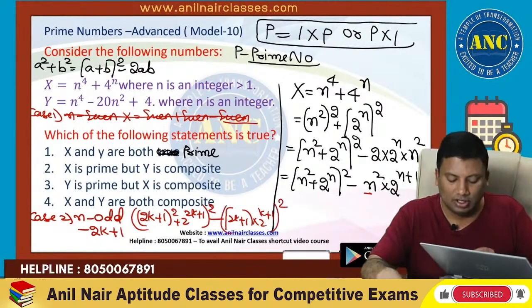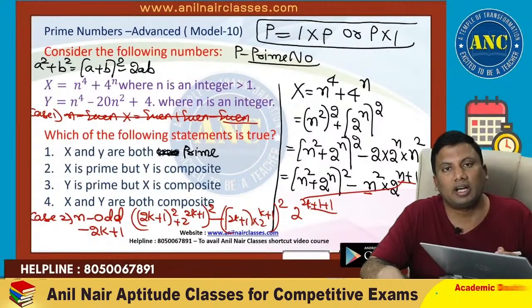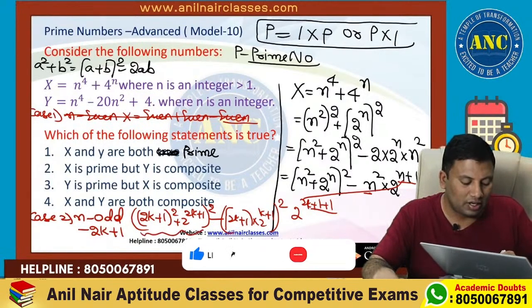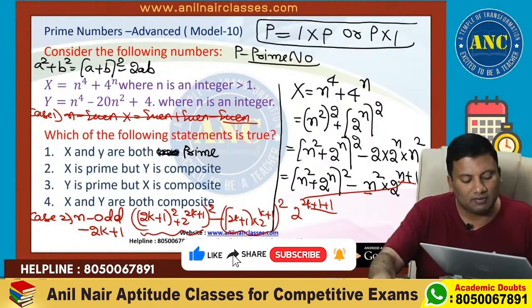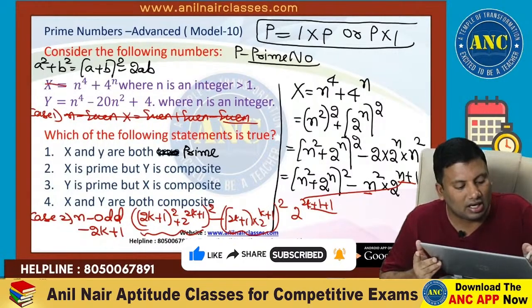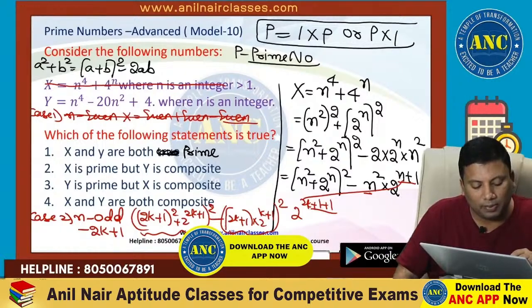Am I right? 2k plus 2 can be written as 2 into k plus 1. This is a square minus b square. Both of them are not giving me 1. So the answer is x is a composite number.